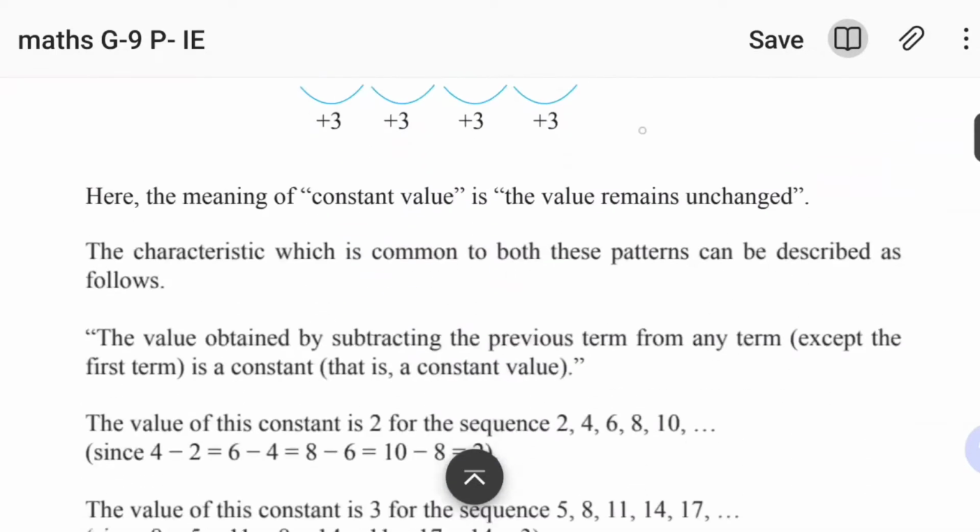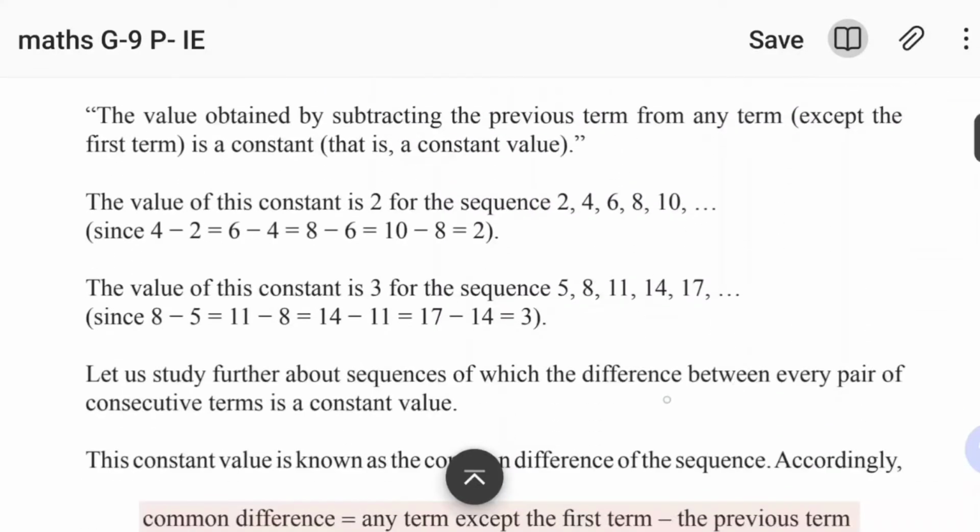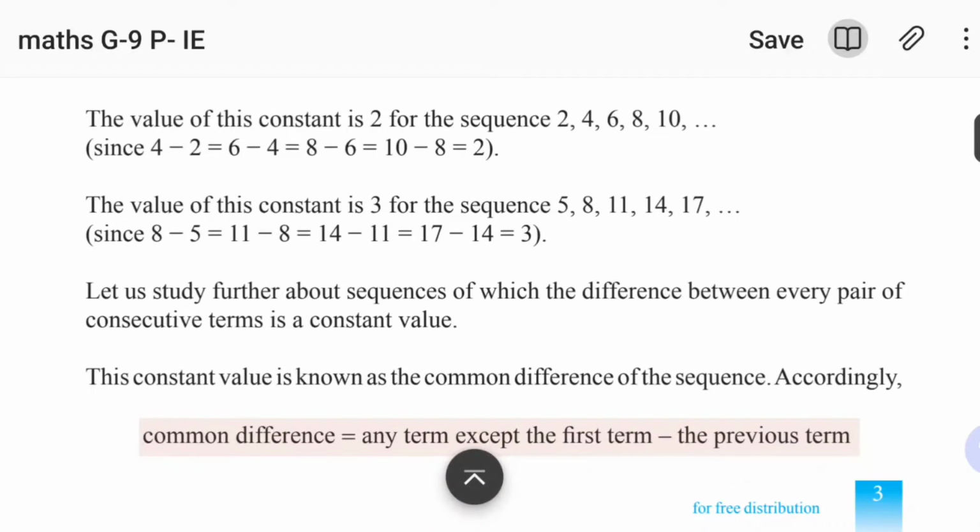And we just looked at how these number patterns differ. When it comes to arithmetic progressions, or number patterns that have a common difference between two numbers, you can find the common difference by subtracting the previous term from any term, except the first term, of course, because the first term doesn't have a previous term.